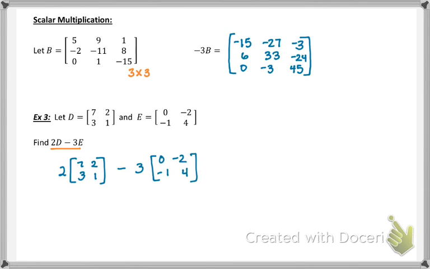Okay, so that's going to give me 2D is going to be 2 times 7 is 14, 2 times 2 is 4, 2 times 3 is 6, 2 times 1 is 2, minus, and then we follow order of operations, right? We multiply before we add and subtract. So 3 times 0 is 0, -6, -3, and 12. Okay, and then I'm going to subtract the two matrices.